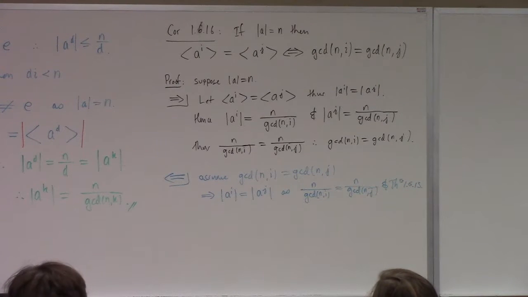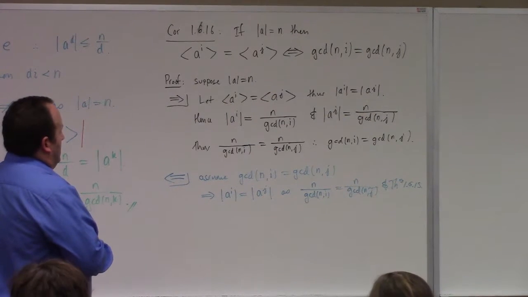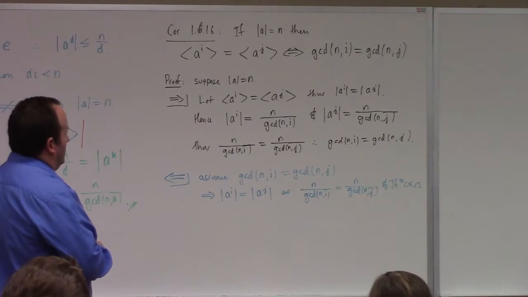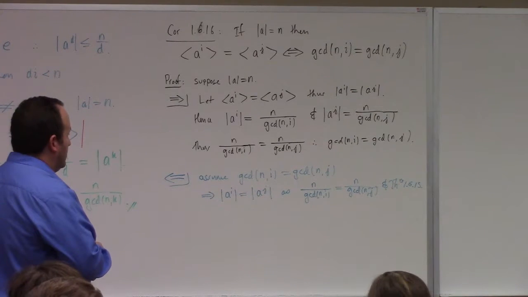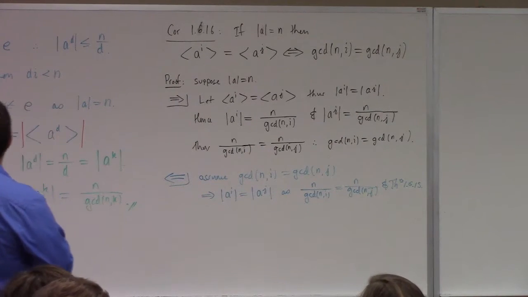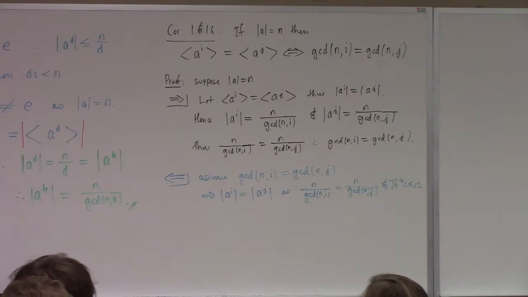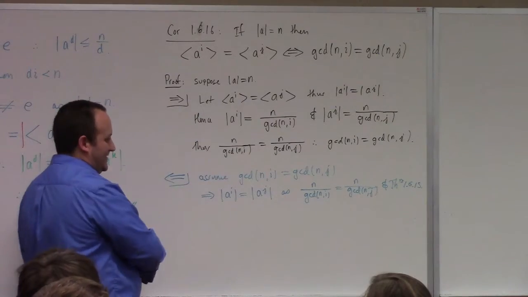Oh, I'm sorry, I seem to have wandered. Let's see here. So, trying to show that the cyclic subgroup generated by a to the i is equal to that generated by a to the j. What do we have over here? Oh, I'm sorry, I'm working too hard here. This line is unnecessary, right?